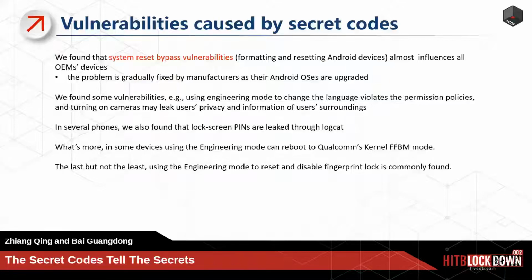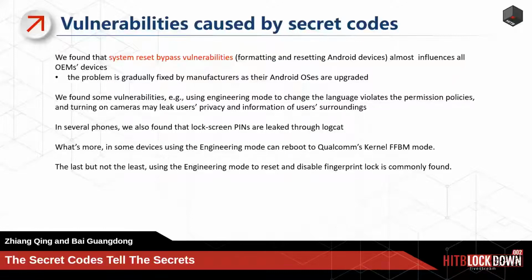Okay, so the first type of vulnerability is the system reset bypass vulnerability. What I mean by this is, if you want to do formatting and factory resetting on your Android device, it's very sensitive, right? It's very risky. It usually requires you to do authentication.